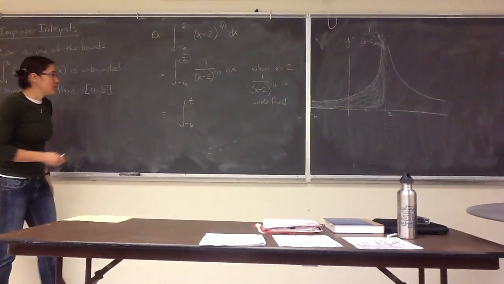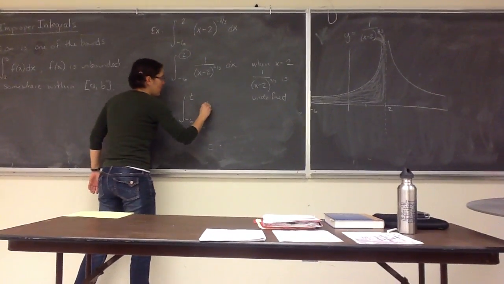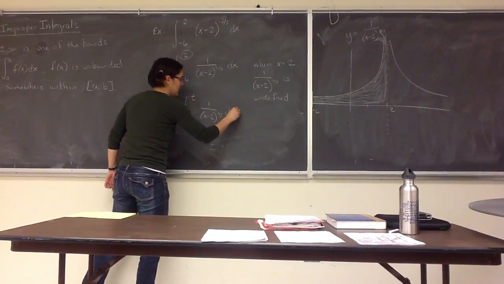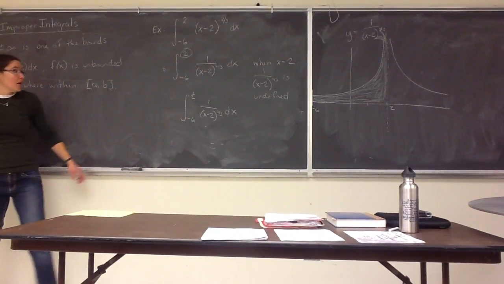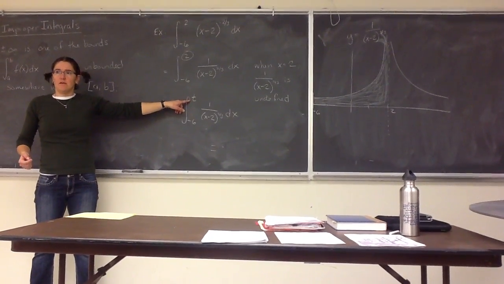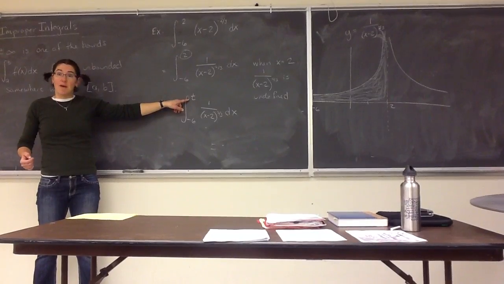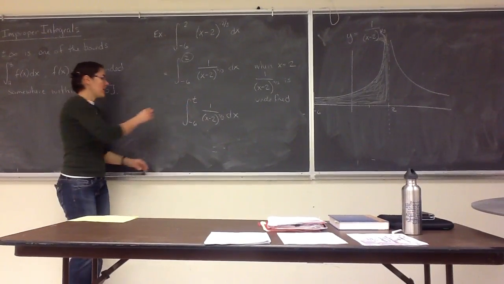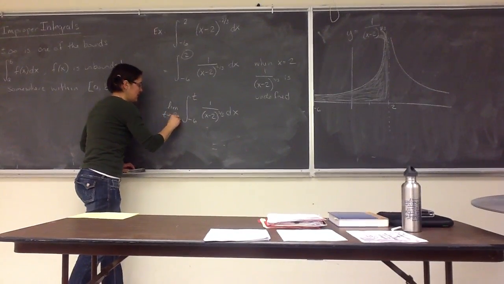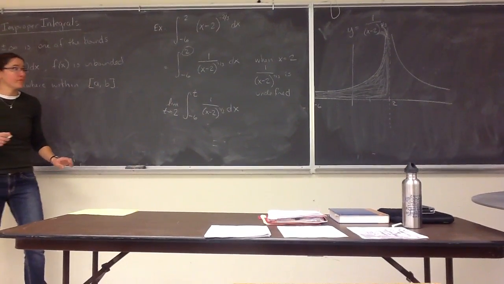So from -6 up to t of 1 over x minus 2 raised to the 2/3 dx. Now, by making this a proper integral and saying, oh, I'm not going to actually let that top boundary be 2, I need to pay a price. And my price is that I'm going to take the limit as t approaches 2.